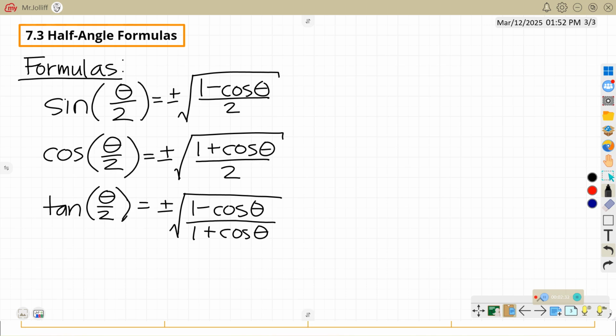Looking at those arguments inside the square root, where have we seen those before? They should look familiar. When did we see them? Do we see anything that looks familiar in our notes?